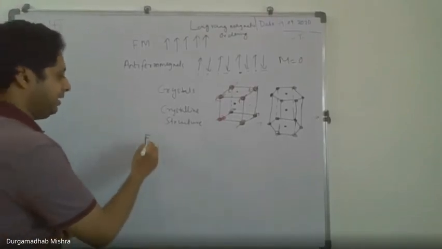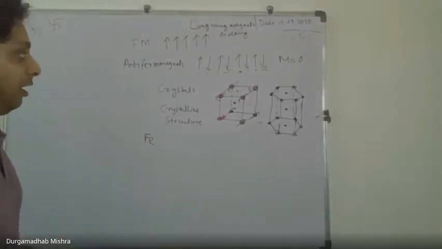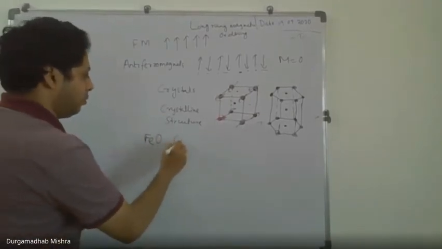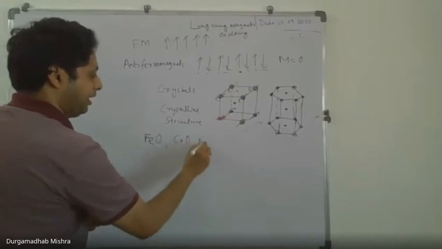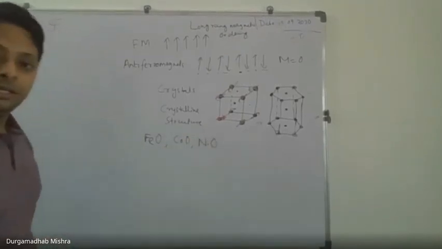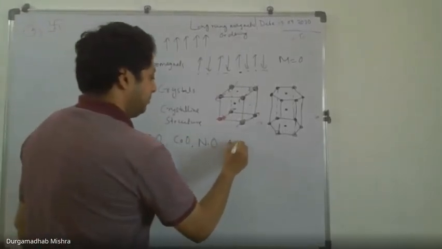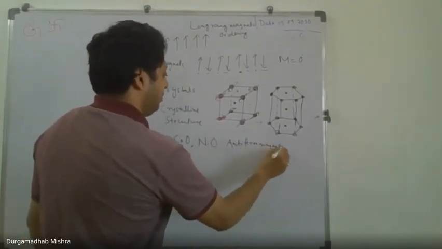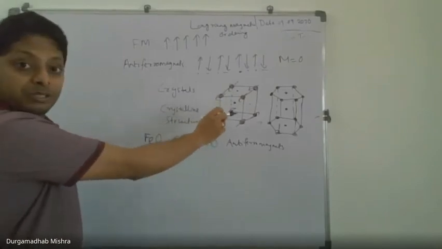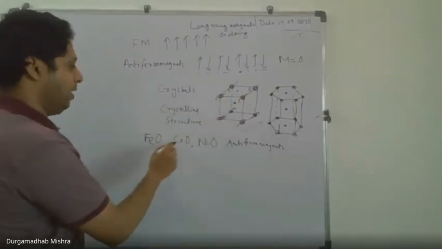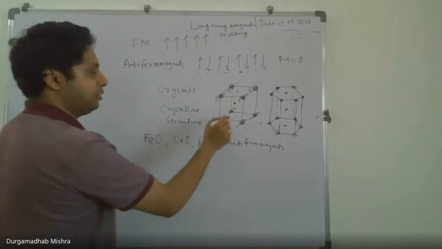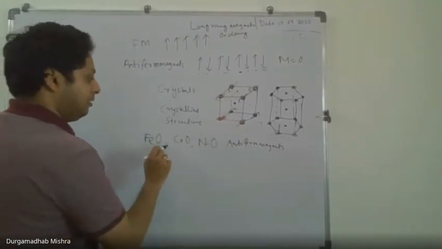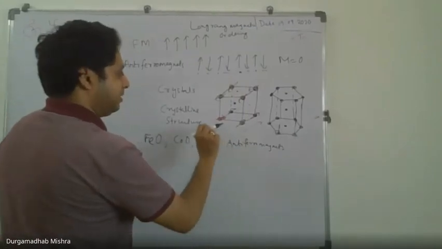If you take any oxide of these magnetic materials, so iron oxide or cobalt oxide or nickel oxide, these are all antiferromagnets. They have this kind of structure.